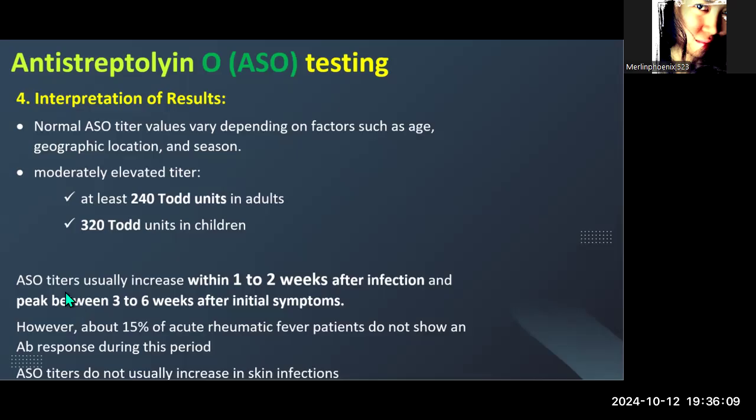ASO titers typically rise within 1 to 2 weeks after infection, peaking between 3 to 6 weeks after the onset of symptoms. However, 15% of patients with ARF, or acute rheumatic fever, may not exhibit an antibody response during this time. ASO titers generally do not increase in cases of skin infections.